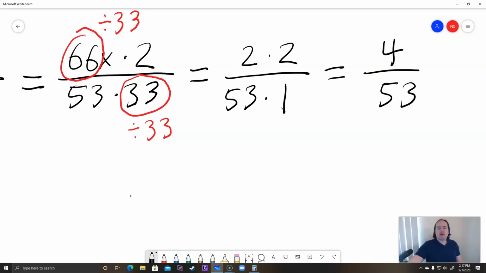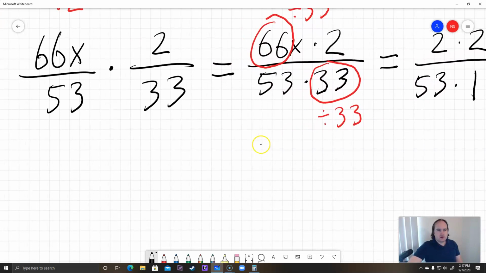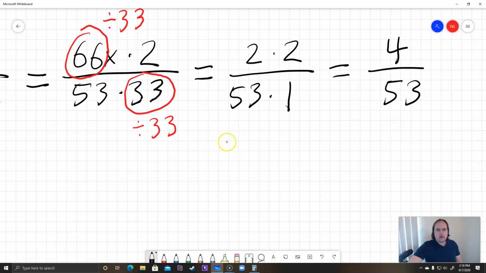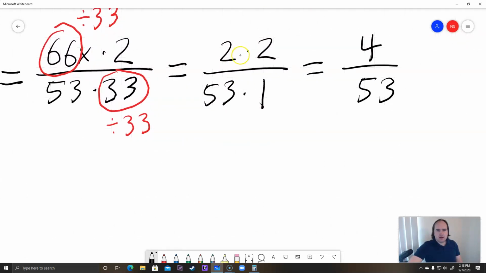Now it's easy to forget something. I've been forgetting something in the last couple of steps. So take a look at the original problem. What are we missing? Uh-oh, I forgot to write in an x. So there's actually an x right there and an x right there in the numerator. And I got lazy and I stopped writing it. So that's not good. Don't forget about your x. So we have an x here and then an x over here.